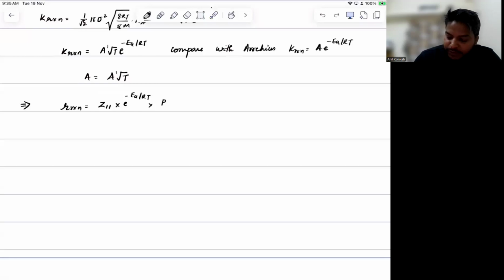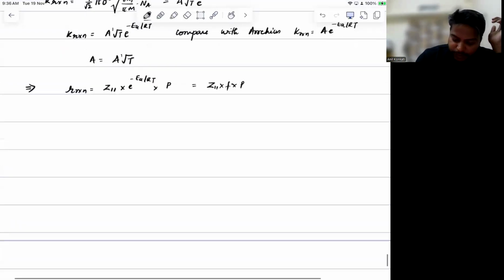This is into P, the steric factor, which is also written as Z11 into F into P. Remember, Z11 is the bimolecular collision frequency. F is the fraction of particles which are crossing the barrier to form products. And P is the steric factor. Steric factor is like a probability factor whose value lies between 0 and 1. Typically, theoretically, it should lie between 0 and 1.